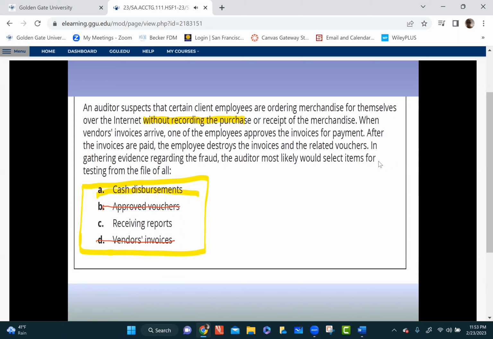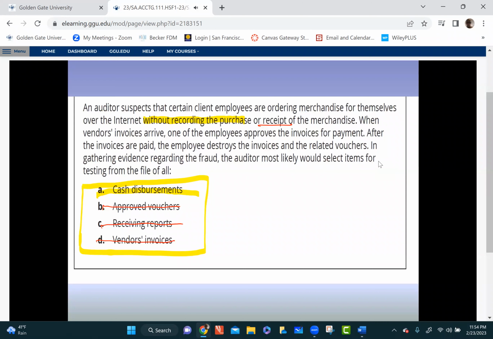So I guess there'll be no vouchers now, will there? And then they tell us they don't record the receipt. So there'll be no receiving report, but you can't get rid of the fact that you had to disperse some money to that vendor, so the disbursement will be there. That's when you would start taking that disbursement back to the accounting records, trying to find it.